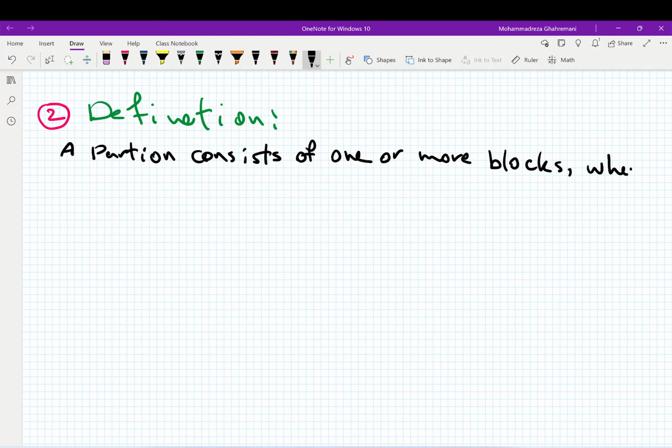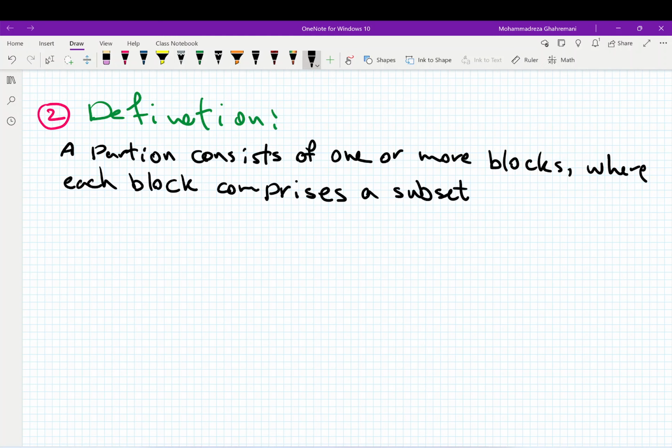Where each block comprises a subset of states that, and here is important, may be equivalent. May be equivalent.